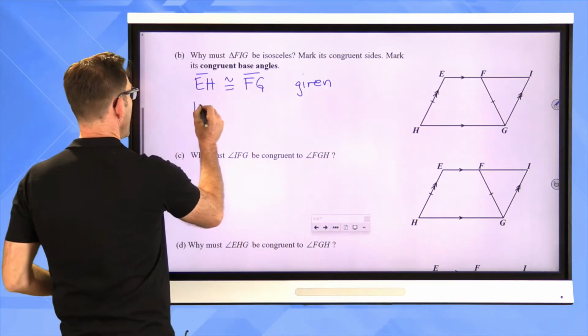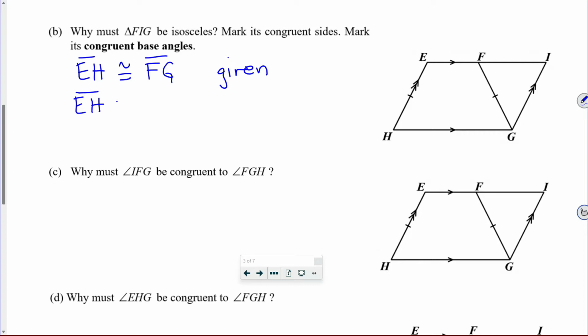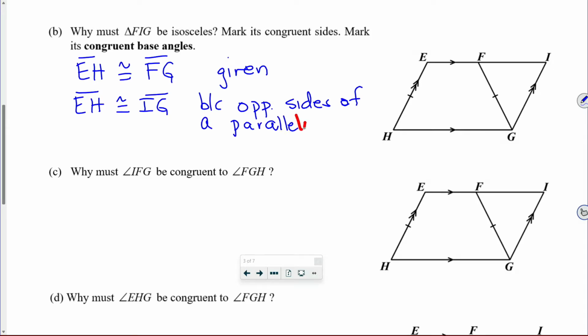So EH must be congruent to IG because they are opposite sides of a parallelogram. So we know that these two have to be congruent.